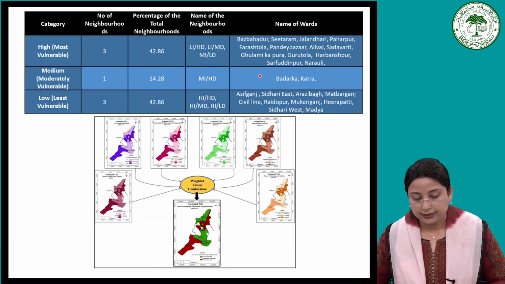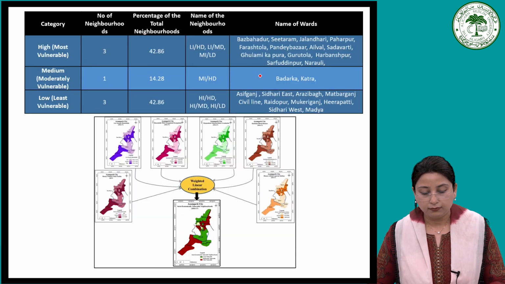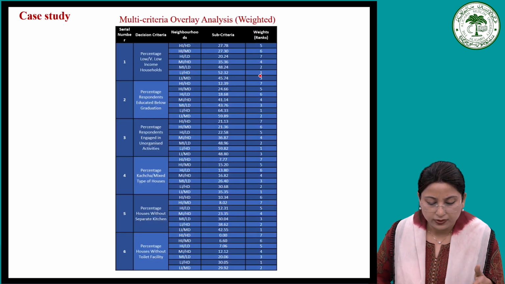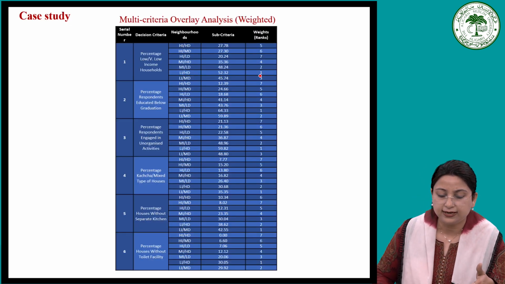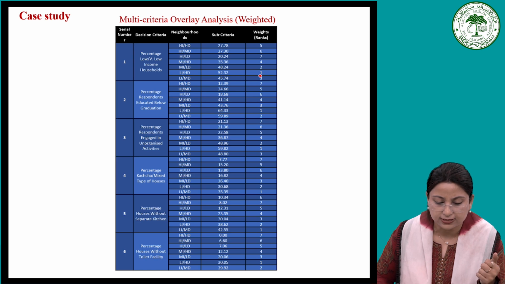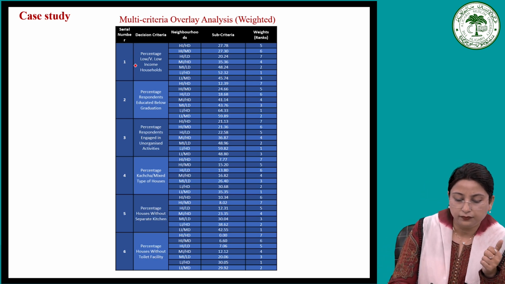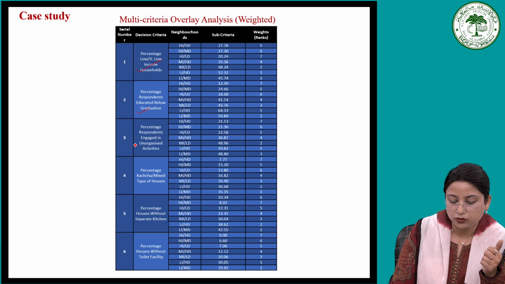So, another case study I would like to share is similar, only here different decision criteria have been considered. If you see, in terms of the percentage of low income households, respondents educated below graduation, percentage of respondents engaged in organized activities, or kacha mixed type of houses.